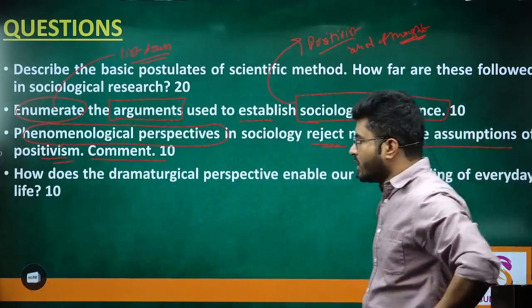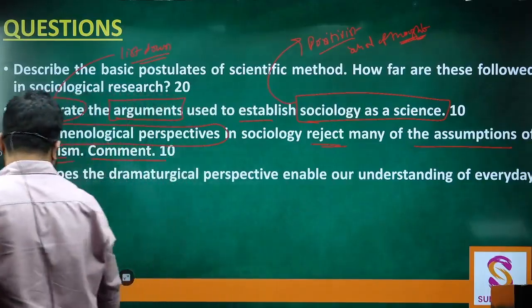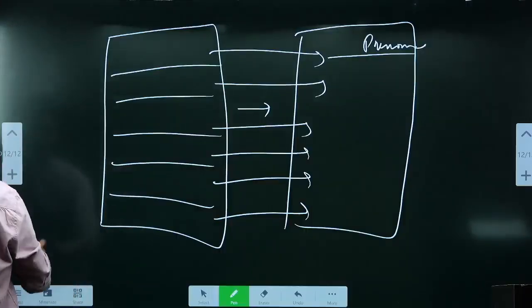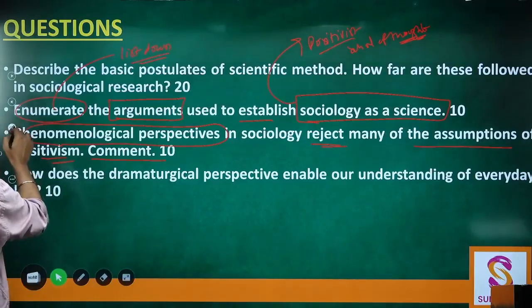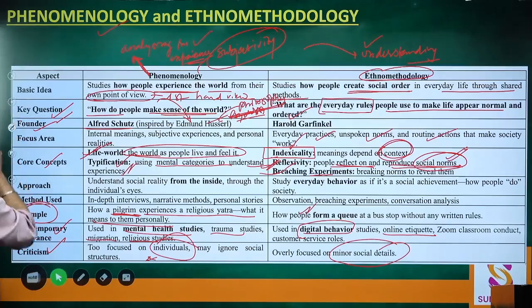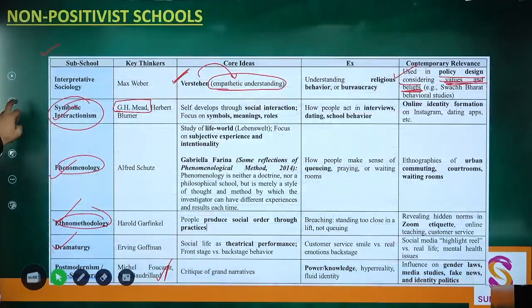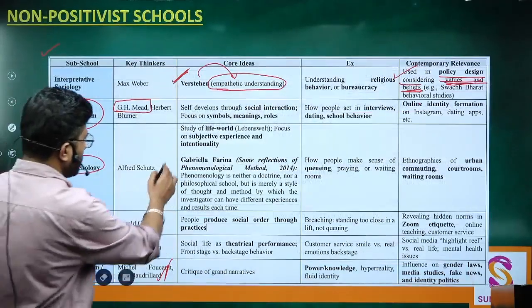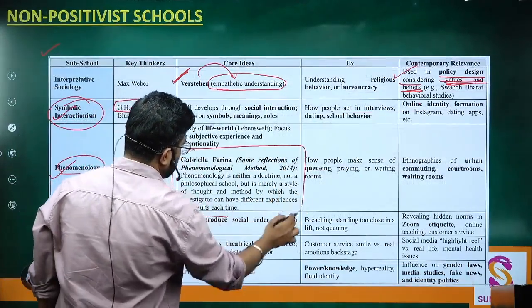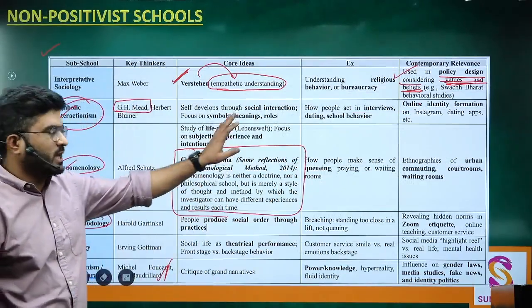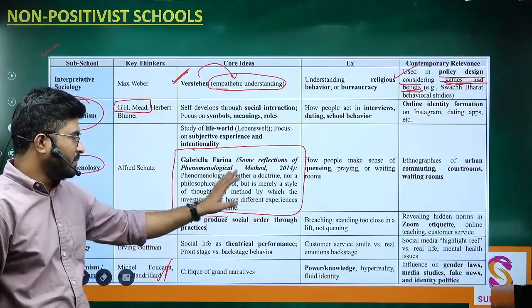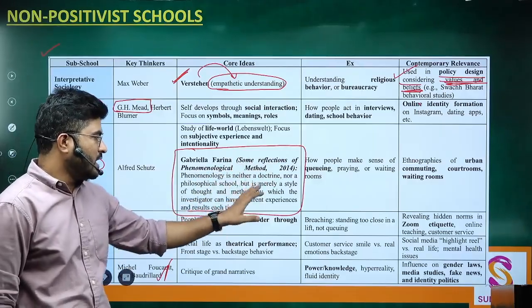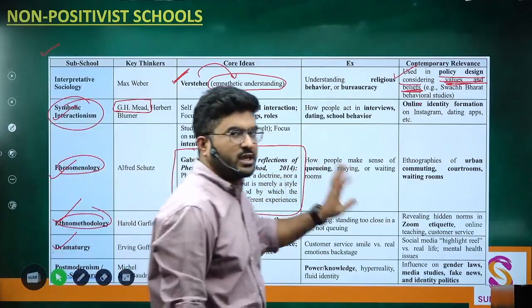Okay, or you can write about the thought of a particular thinker I have named: phenomenology is neither a doctrine nor a philosophical school, but is merely a style of thought and method by which the investigator can have different experiences and results each time.